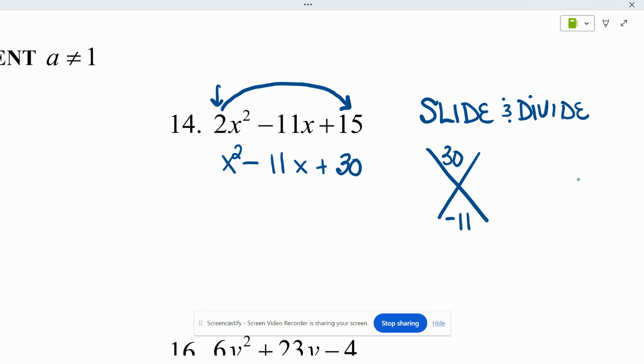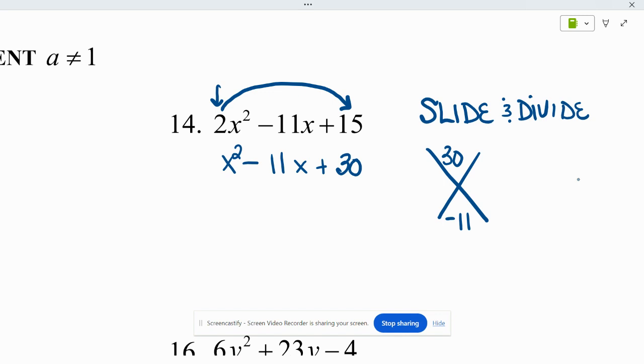How are we doing this in our calculator? What do we type in? Y equals what? 30 divided by x. Y equals 30 divided by x. And then what? Second graph. Go to the negative side of your table.